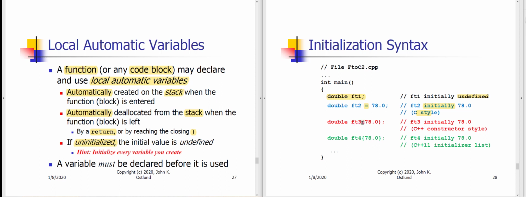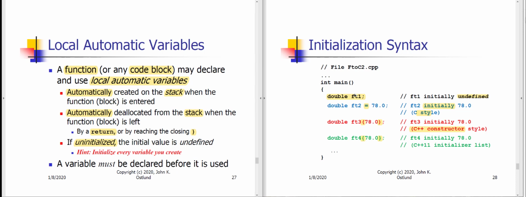In C++, we can also, instead of using an equal sign, use parentheses around the value that we want to initialize the variable with. In this case, ft3 is a double variable initialized with 78.0. This is a constructor style of initialization that was introduced with C++. And more recently, C++11 introduced the idea of using curly braces to contain the initial value of a variable.